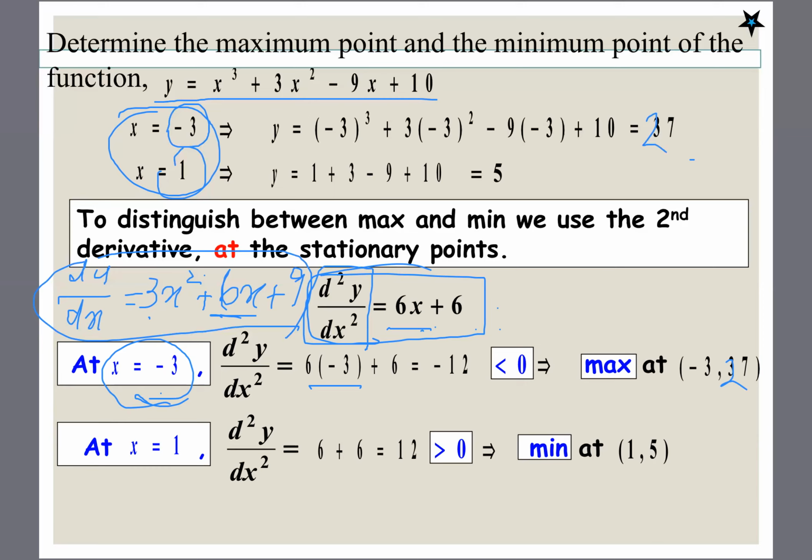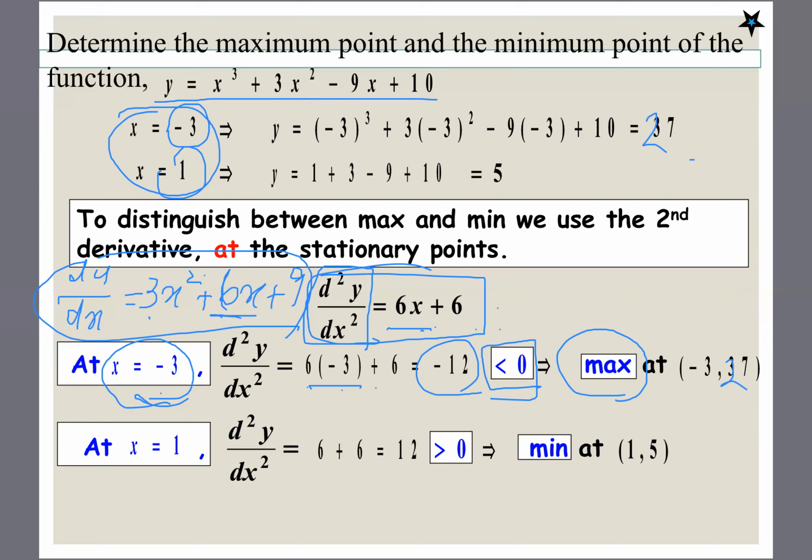Altogether minus 18 plus 6 becomes minus 12. That means d2y by dx2 becomes a minus value, less than 0, right? Therefore, we know that point is a maximum.